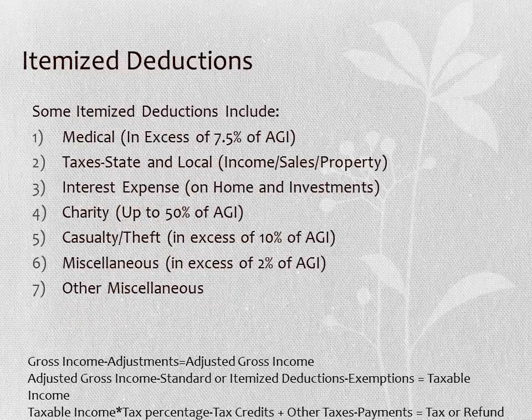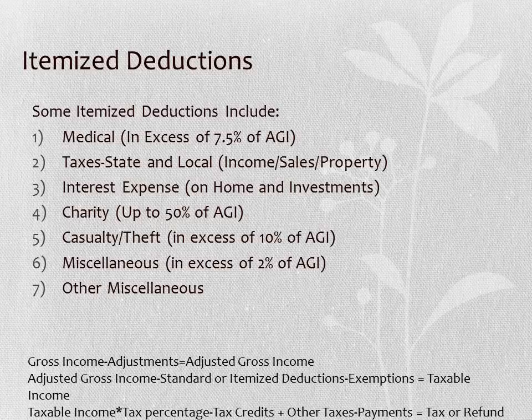Okay, and here are some of the itemized deductions. Those are medical in excess of 7.5% of AGI. The AGI stands for adjusted gross income, and this basically means that if only 5% of your AGI was medical expenses, then you wouldn't get any of this deduction.